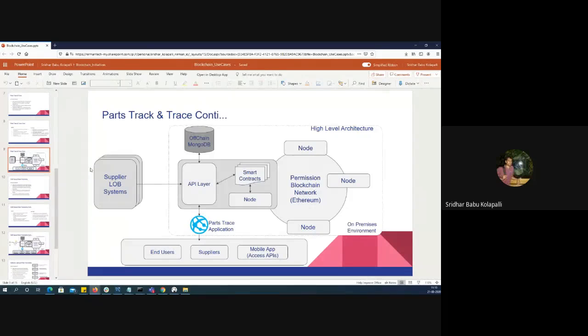We build decentralized applications and also the mobile application which interfaces with the underlying technologies, and we have an API layer which integrates with the supplier LOB system.